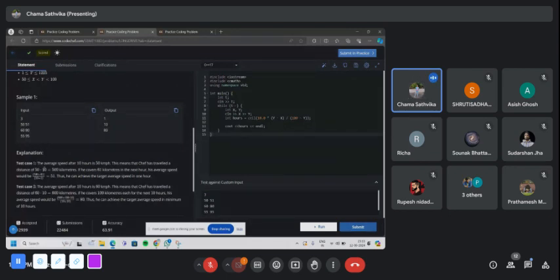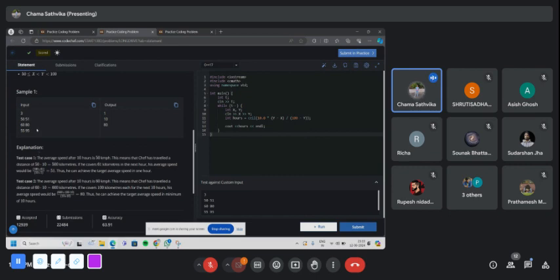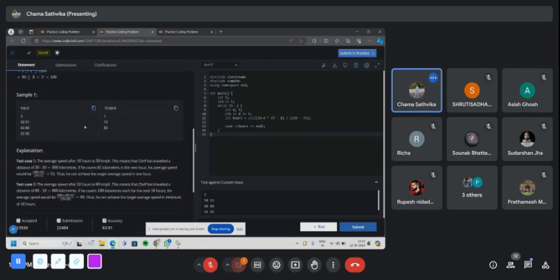Here, suppose let's check test case 1, 50 and 51, where X is 50 and Y is 51. So 50 kmph, 50 kilometers per hour. In 10 hours, we can travel 50 into 10, which means 500 kilometers.